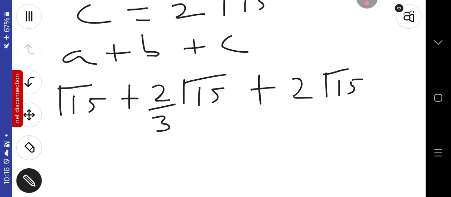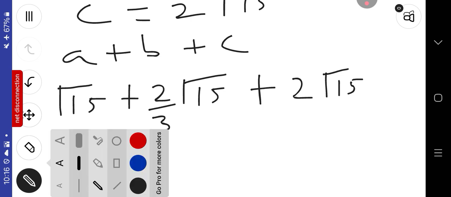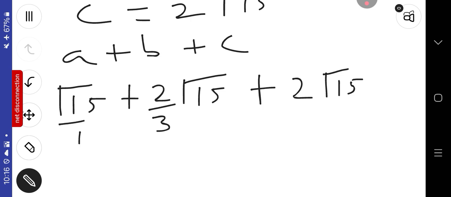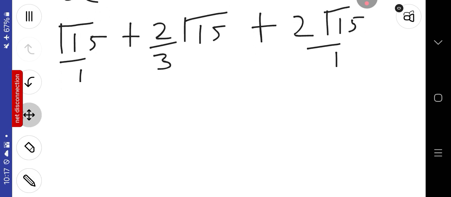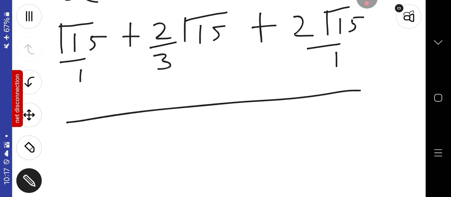Okay, all right. So here we are adding all of them. So you're going to find the LCM. We know this is over 1, this is over 1. So the LCM is going to be 3.